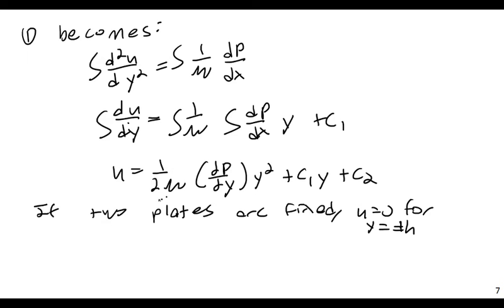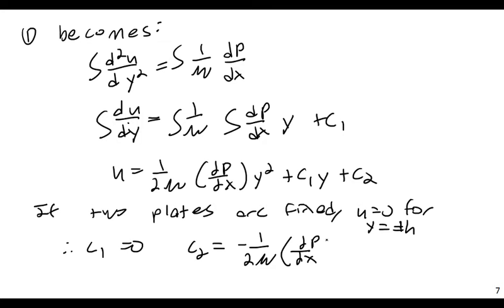Therefore, c1 equals 0, and c2 is equal to negative 1 over 2 mu times partial of p with respect to x, actually that should be an x here, sorry, times h squared.